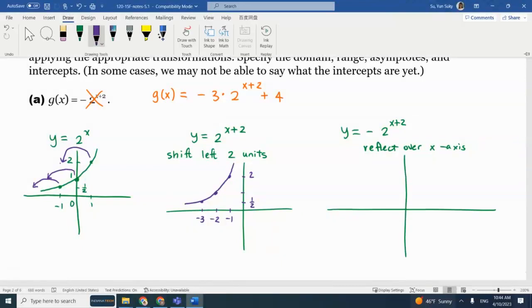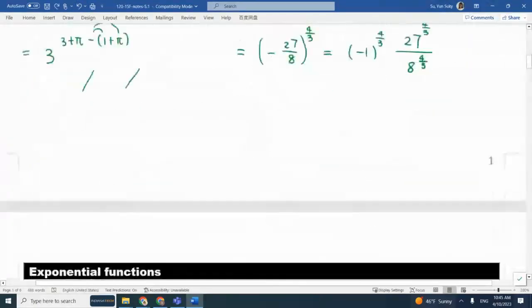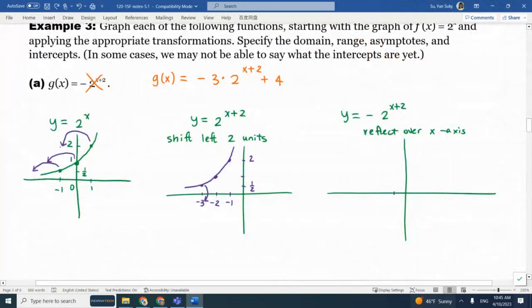Okay, what happened? You see this point? Reflection, it goes down. So negative 3, and it was 1/2, now it becomes minus 1/2. Yes, everybody?